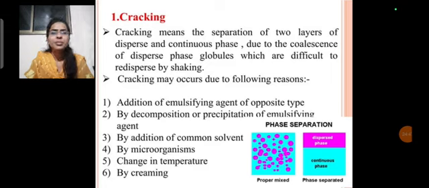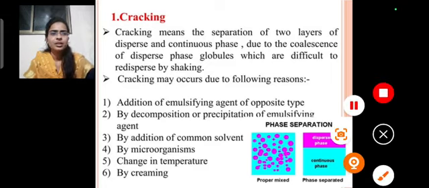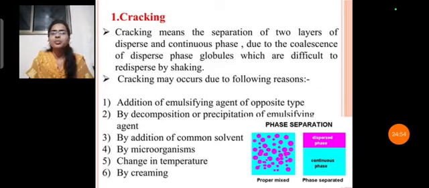Cracking may occur due to the following reasons. First is the addition of an emulsifying agent of opposite type. Second is decomposition or precipitation of the emulsifying agent. Next is the addition of a common solvent. Next is microorganisms. Next is a change in temperature, and last is creaming.